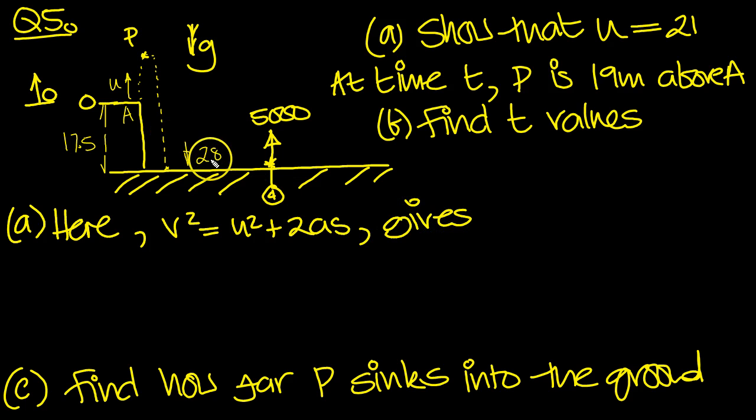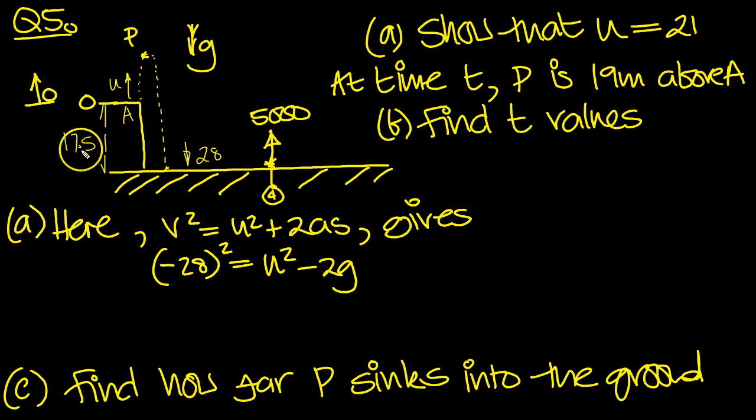So the final velocity is minus 28, squared, is equal to, because we're going in the upwards positive direction, u squared, and then it's minus 2g, because g is downward, and the distance is minus 17.5.